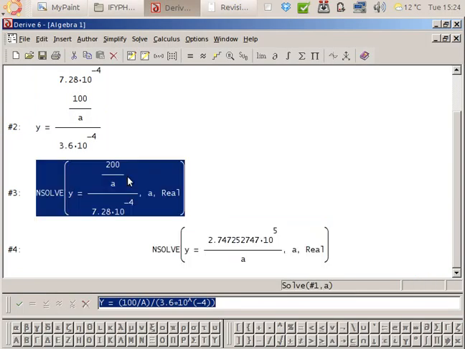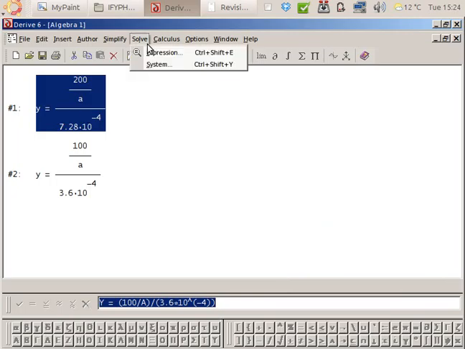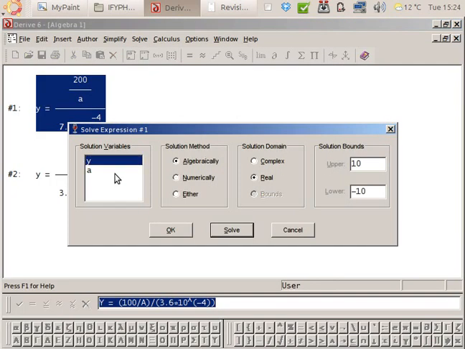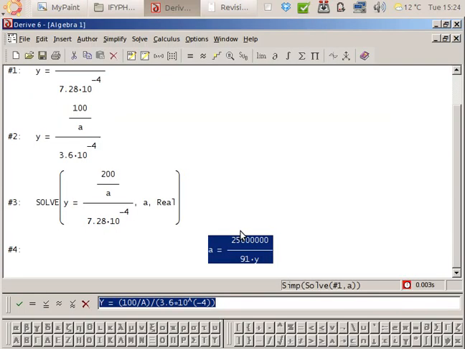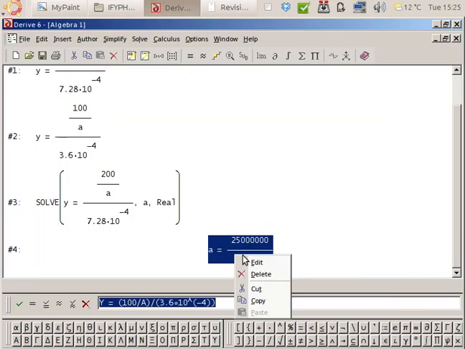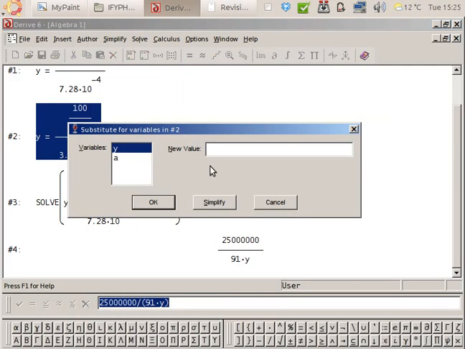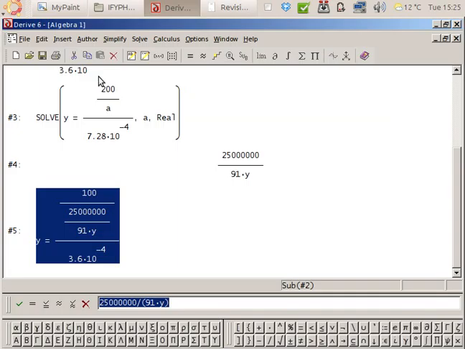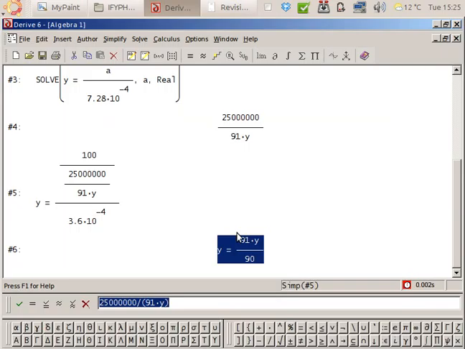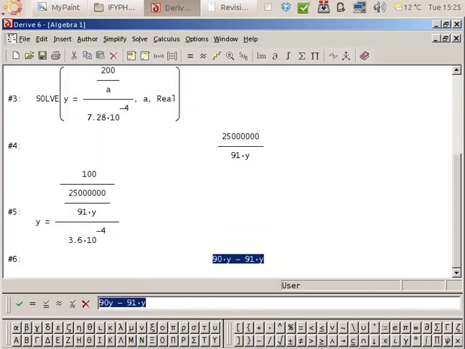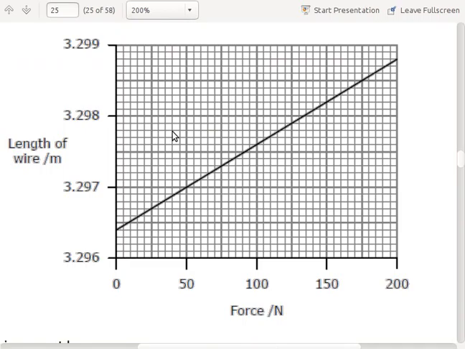Oh, stupid Derive. No good. It says there's no answer to these two.